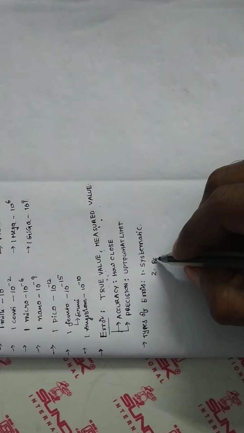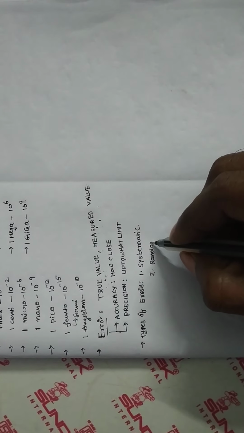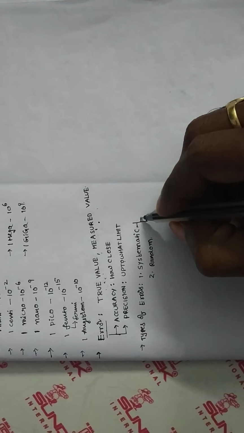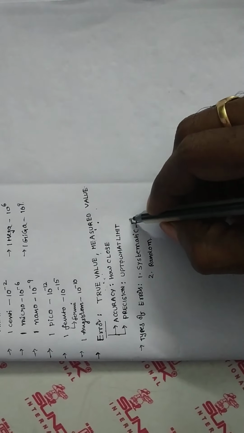Second one is called the random errors. Systematic errors, for example, while measuring with an instrument, let us consider a scale.